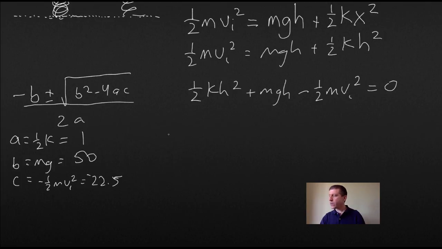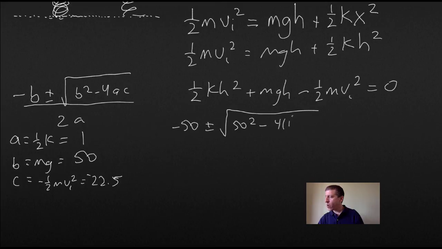So when we plug all this in, we get negative b, which is negative 50, plus or minus the square root of b squared, which is 50 squared, minus 4ac, that's 4 times 1 times negative 22.5, and this whole thing is all over 2 times a, which is just 2 times 1.